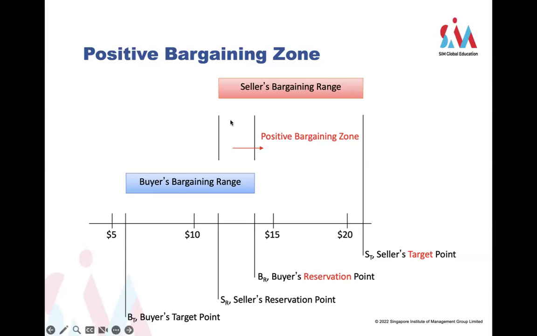Do you see that there is a gap between both parties' reservation points? The buyer is willing to pay up to $14 for this product, and the seller is willing to let go of the product at the lowest $11. So there is this region between both parties' reservation points, and when there is an overlap, it becomes a positive bargaining zone. That means there will be a deal in this negotiation.